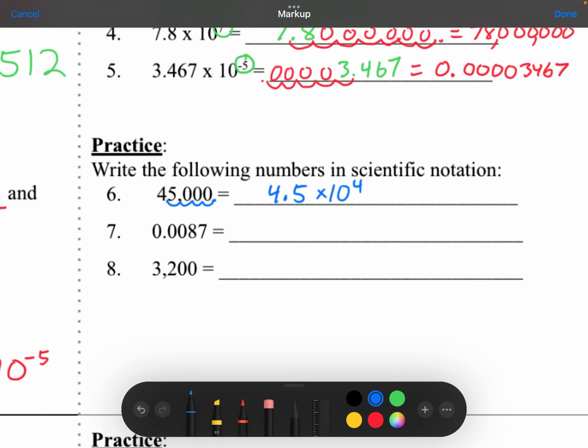For problem number 7, I find my decimal place, I move it over 1, 2, 3 spaces, and I get 8.7 times 10 to the -3rd. Problem number 8, I found my invisible decimal point, I move it over 1, 2, 3 spaces, and I end up with 3.2 times 10 to the 3rd.